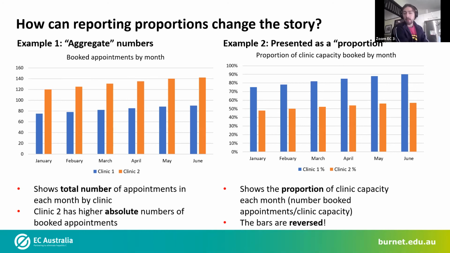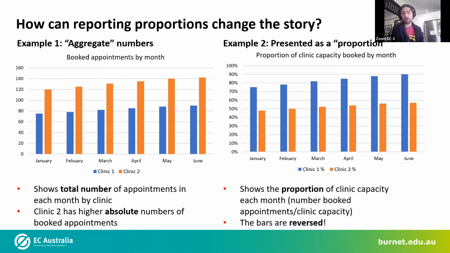Now, if we take into account the size of the clinics and how much staffing and capacity they have to actually see patients and make bookings, and we use that as a denominator for these numbers, and then create the same chart on the right as a proportion of the overall capacity of each clinic, so the amount that they can actually book.